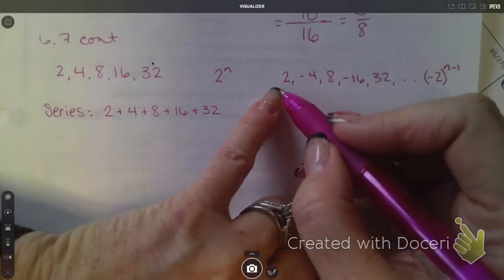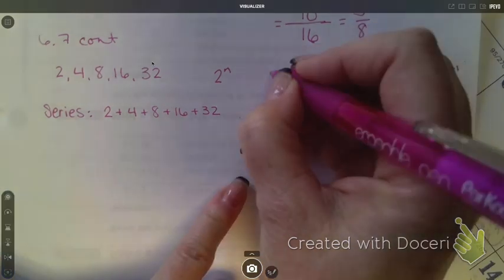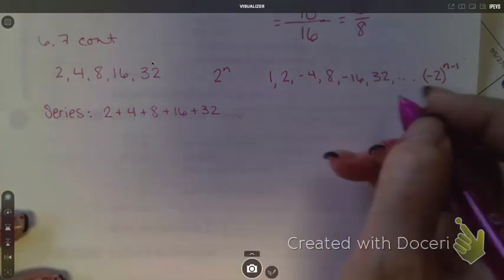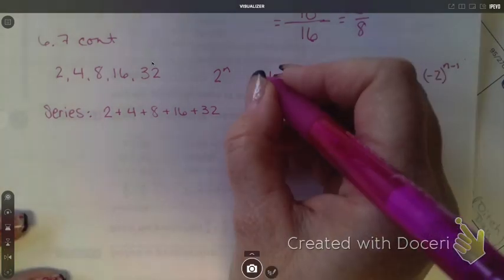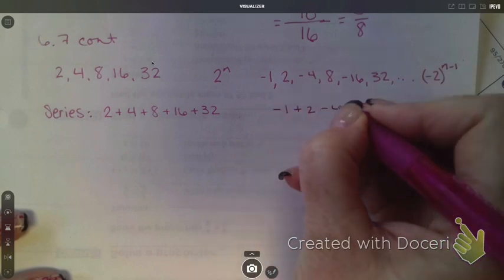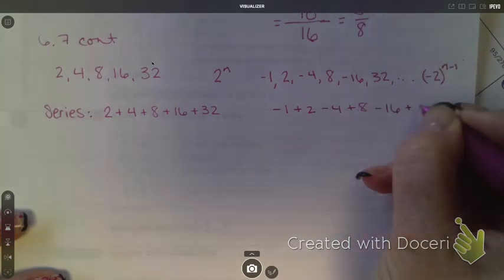So I'd have to do this. There we go. So this series would look like negative 1 plus 2 minus 4 plus 8 minus 16 plus 32.